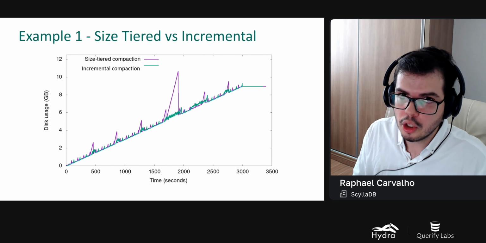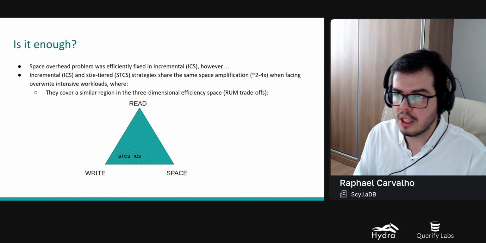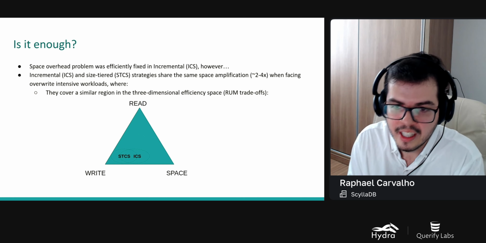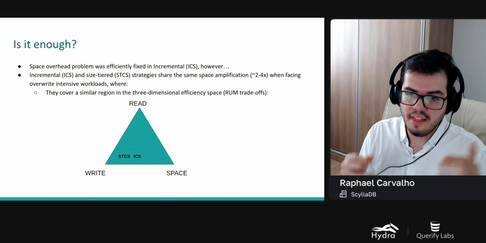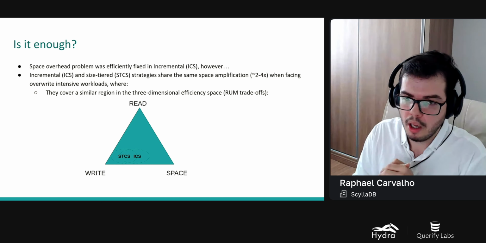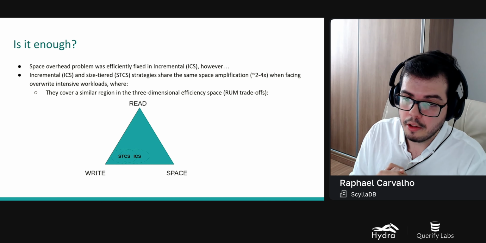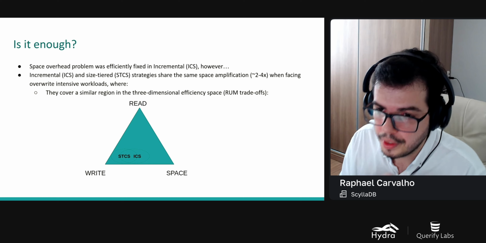Okay, is it enough? I ask you the question. Turns out it wasn't, because we wanted to make the incremental compaction good for overwrite intensive workloads, to provide the alternative to the level policy, which is something in between, as already said. We can see that STCS, which is the tiered policy, and ICS, which is the incremental compaction policy, are in a similar region in the three-dimensional efficiency space, which represents the RUM conjecture trade-offs.